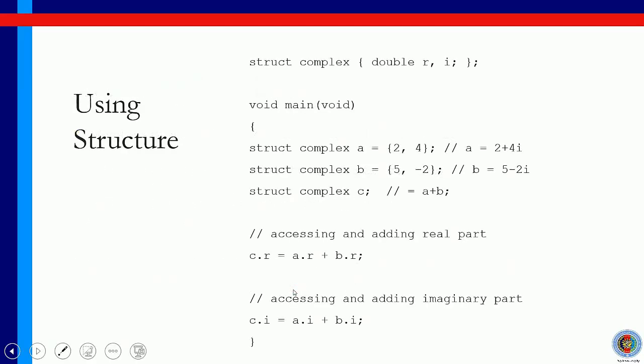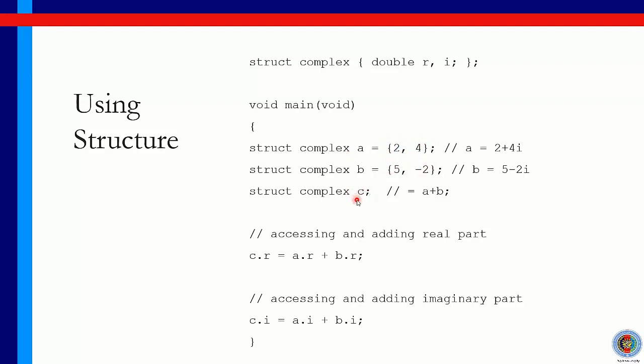One complete example of the use of a structure. Now the structure is for a complex number, struct complex. We have two members, R and I. Both are double. Then we declare two variables, A and B, of this structure. Then we initialize with values like this.